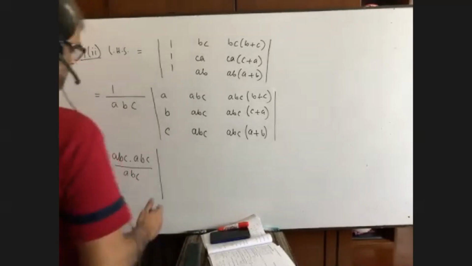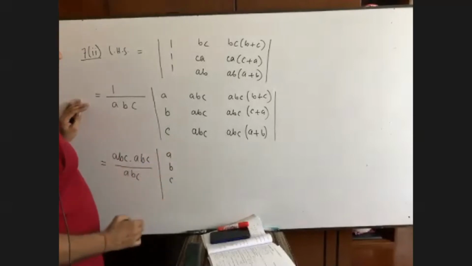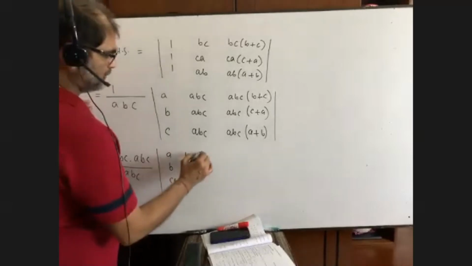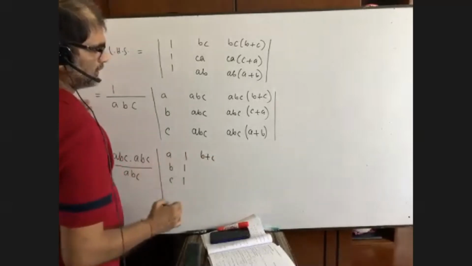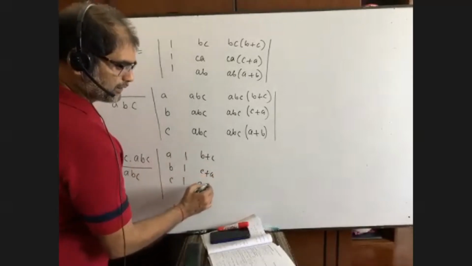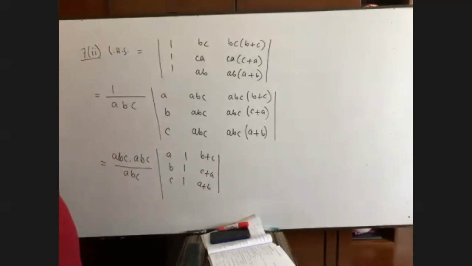And actually, what is happening here? It is A, B, C, 1, 1, 1, B plus C, C plus A, A plus B.